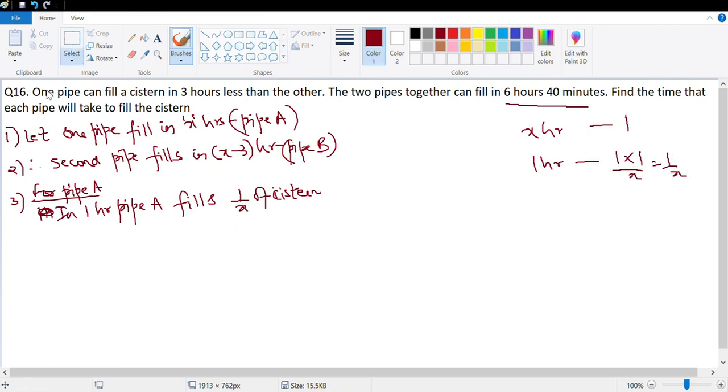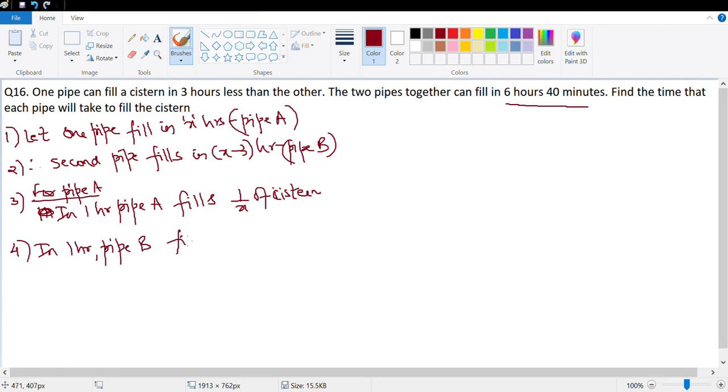That's exactly what I've written. Similarly, in 1 hour, pipe B fills 1 upon x minus 3 of the cistern.